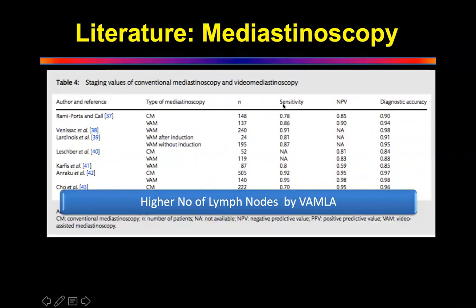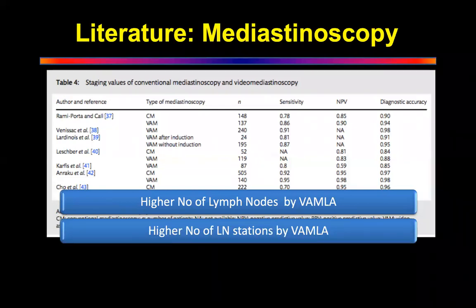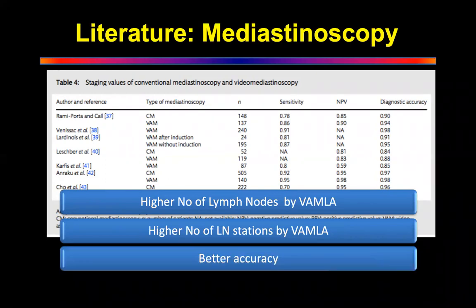So VAMLA, the main advantage is you get slightly higher number of lymph nodes than a conventional cervical mediastinoscopy. There is higher number of lymph node stations by VAMLA and better accuracy. So this is conventional mediastinoscopy versus video mediastinoscopy. This was a meta-analysis of all the papers that are published, okay?